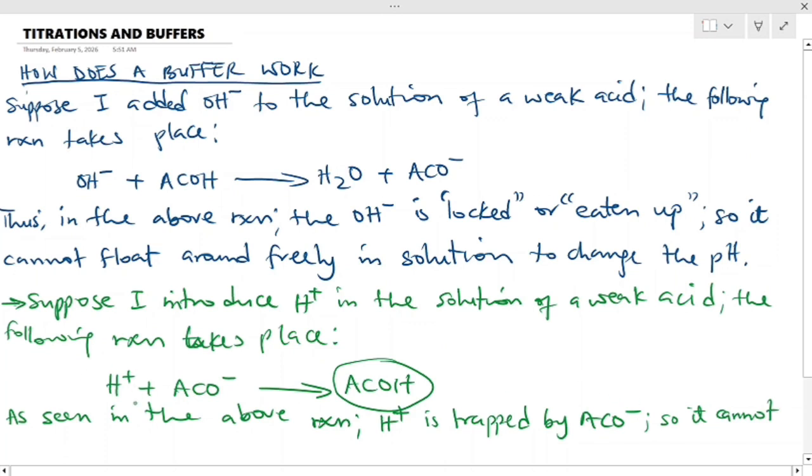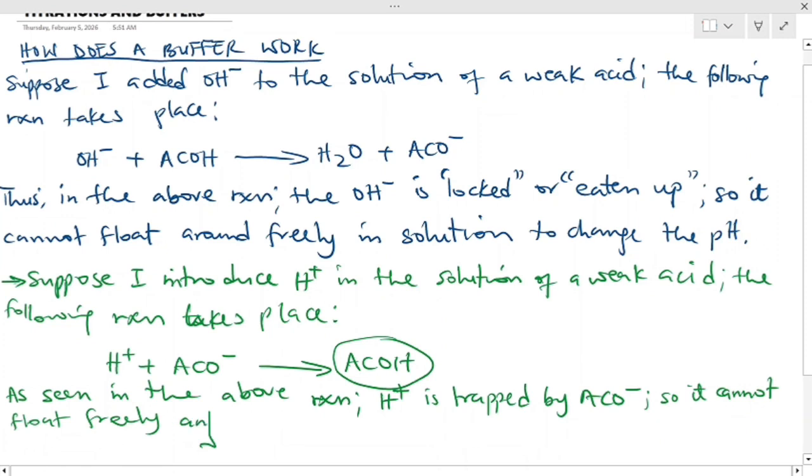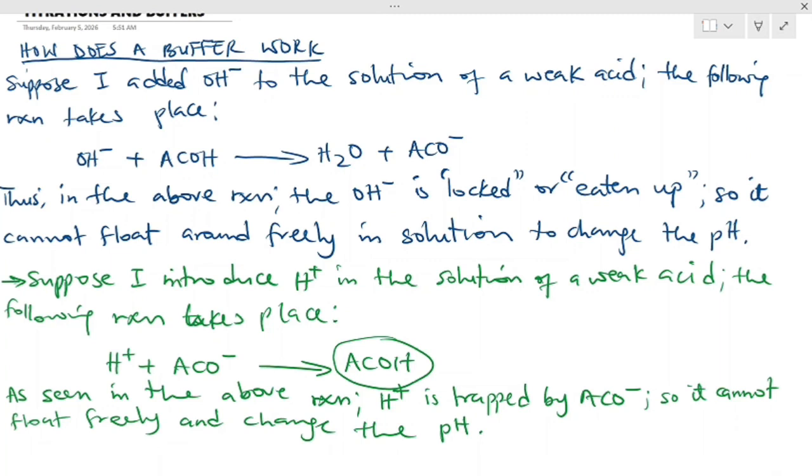It cannot float freely and change the pH. Great. So that's basically how the buffer system works.